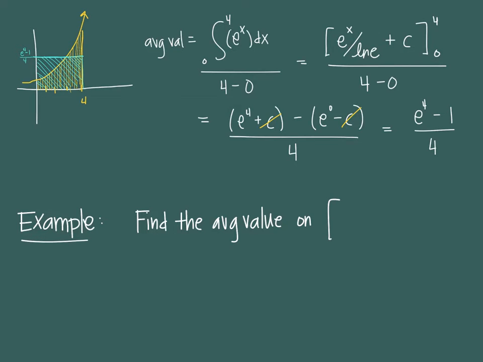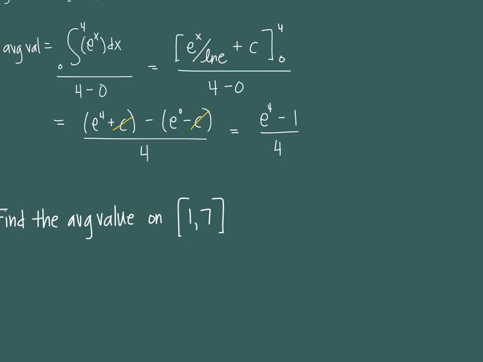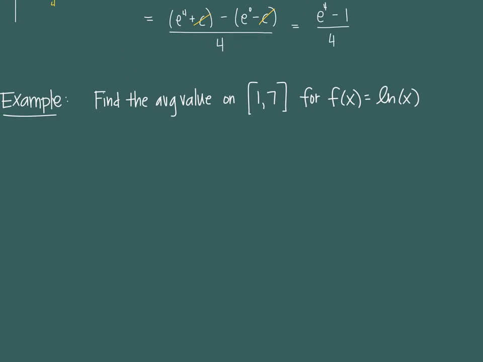On the interval from 1 to 7 for the function, the natural log of x. All right, so visually, the natural log of x comes up and crosses the x-axis at 1, and then heads off that direction.